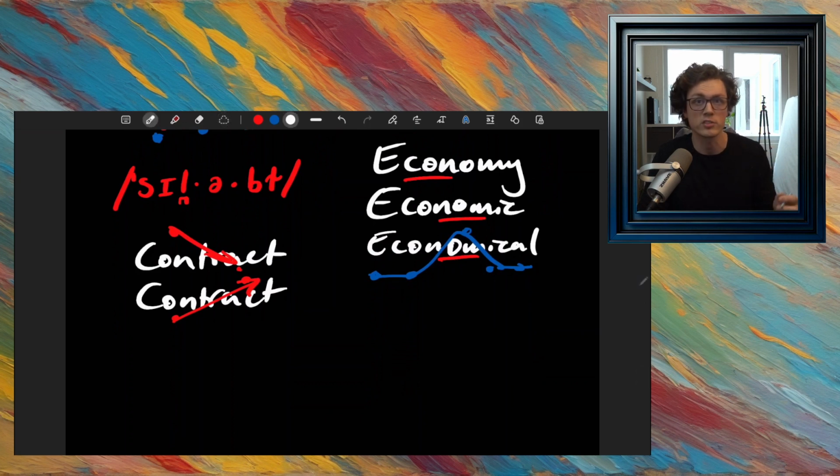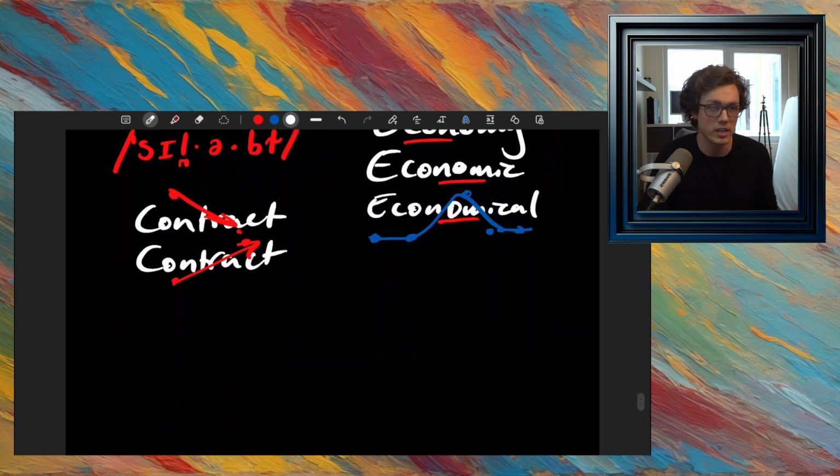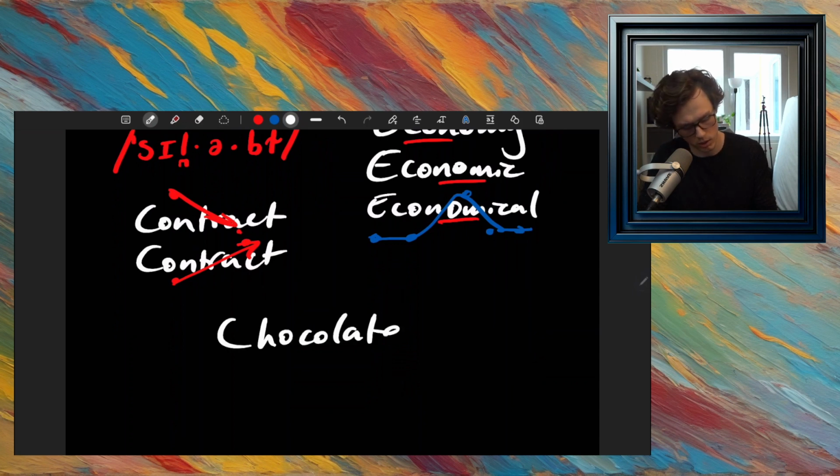There are many words that in the dictionary, or even just in real life, have many different pronunciations with different stressings or different syllable patterns. So a really good example is chocolate. Making sure I spell things right.